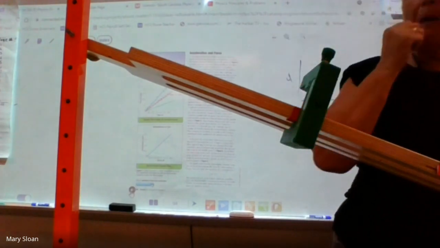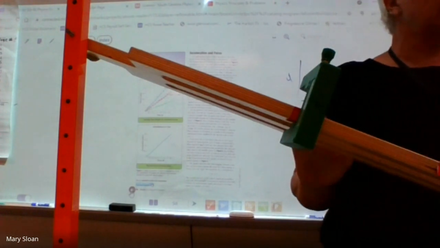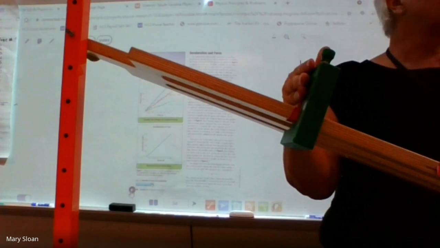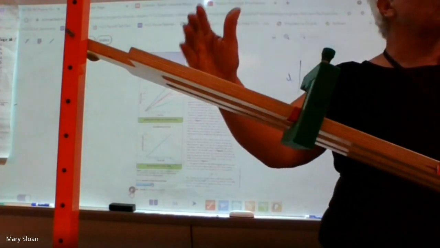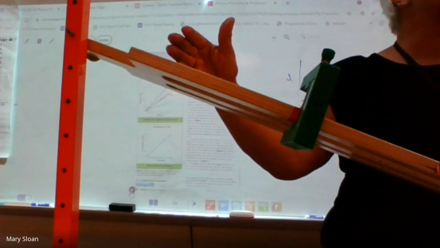Okay? So when you're trying to find out how fast or the velocity is, those of you who've used it before, how do you do that? How do you find the velocity if you're using your car? It's meters per second.